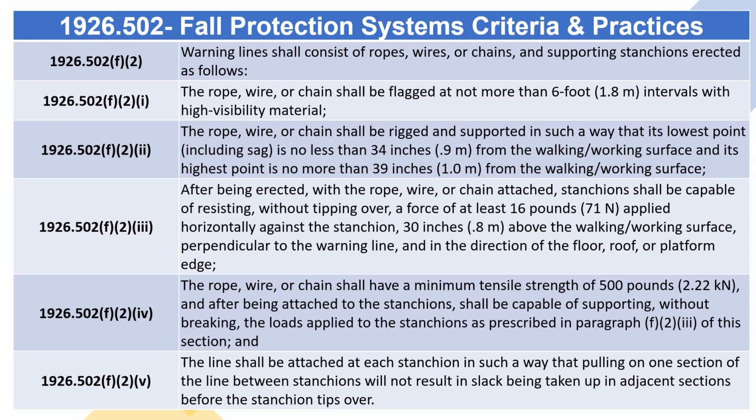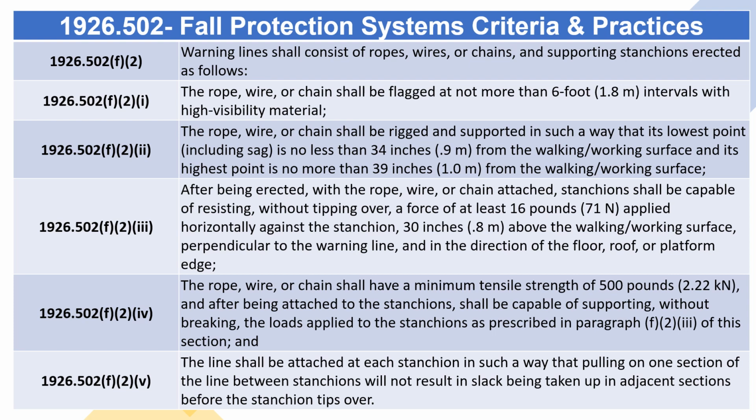After being erected, with the rope, wire, or chain attached, stanchions shall be capable of resisting, without tipping over, a force of at least 16 pounds (71 N) applied horizontally against the stanchion, 30 inches (0.8 m) above the walking/working surface, perpendicular to the warning line, and in the direction of the floor, roof, or platform edge.